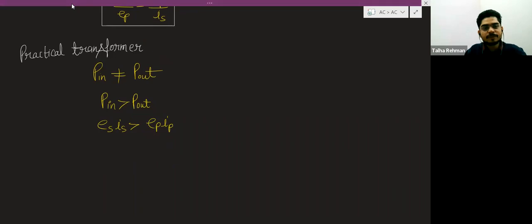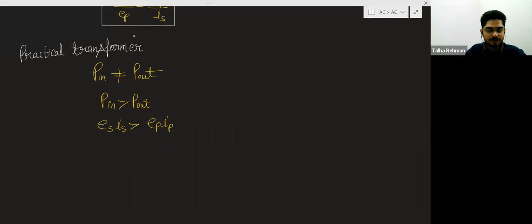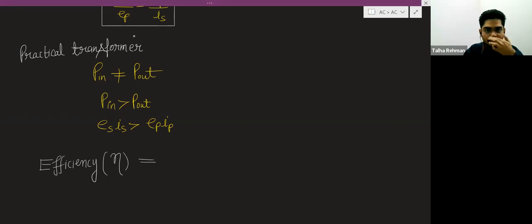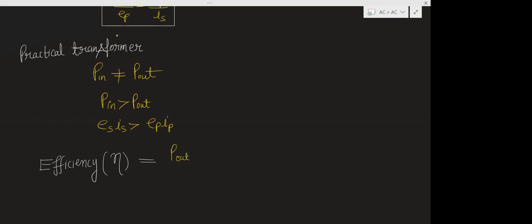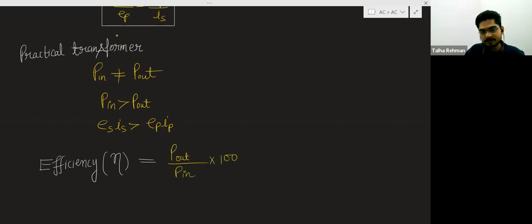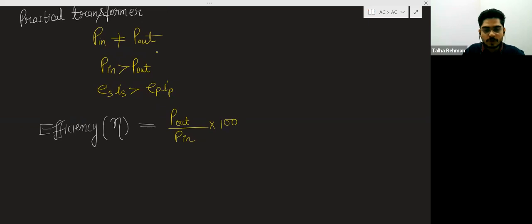There is a term for the practical transformer: efficiency. Efficiency is represented by eta, and this efficiency is basically the output power divided by the input power, multiplied by 100. So what will be the output power?